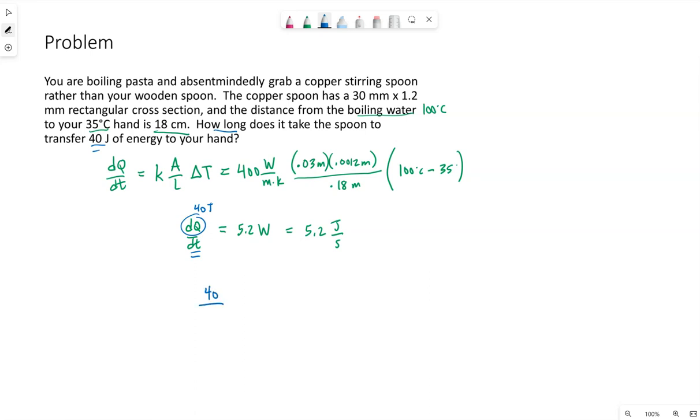The 40 joules divided by the 5.2 joules per second is going to tell us how much time it takes. The seconds will come out to be our units. So 40 divided by 5.2, 7.7 seconds would be the time.